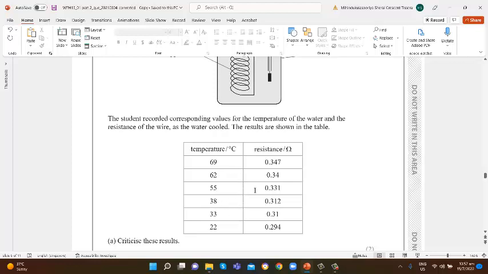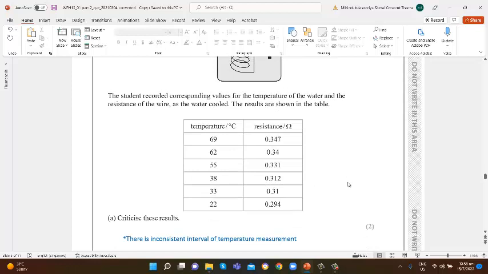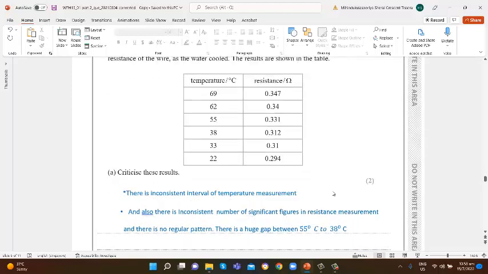So what can you say? These results are not very reliable. That is the conclusion we can come to after recording the results. So you have to write that in point form.